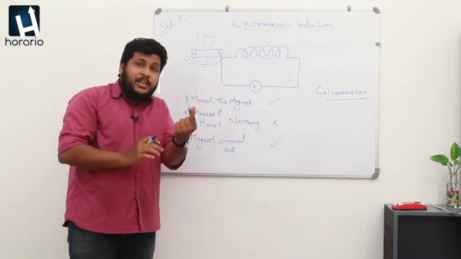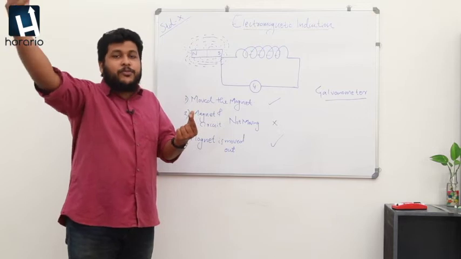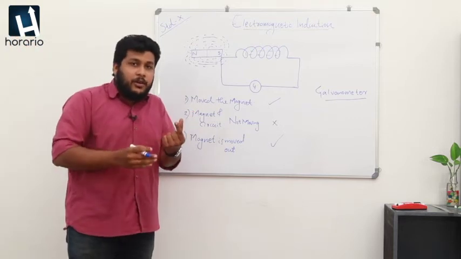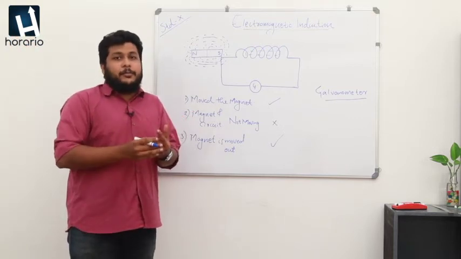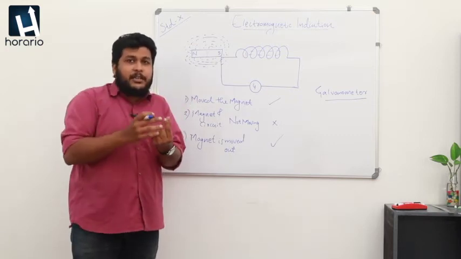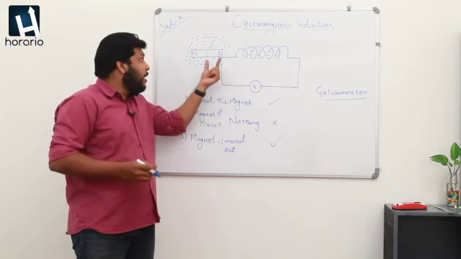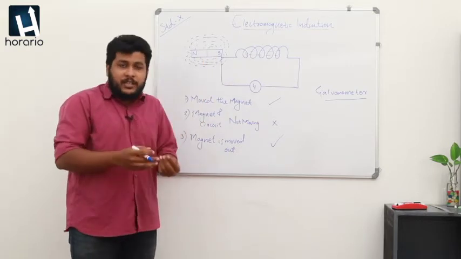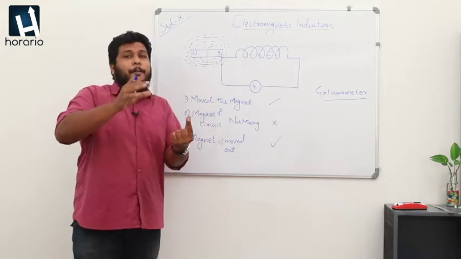But what happens if the iron is placed far away from the magnet? It will not attract the iron piece, because each magnet has its own magnetic field. Some magnets will have a small magnetic field, and if the magnet is very strong, it has a very big magnetic field.